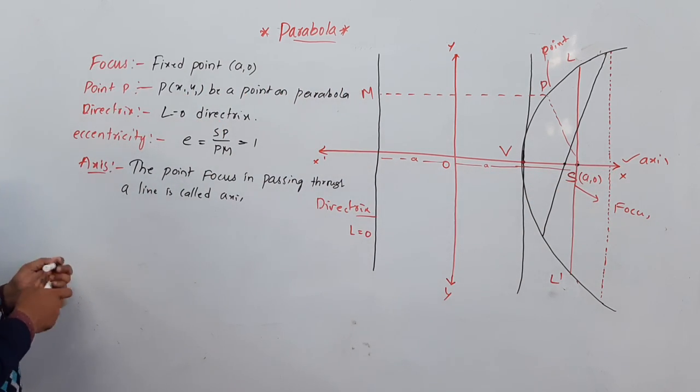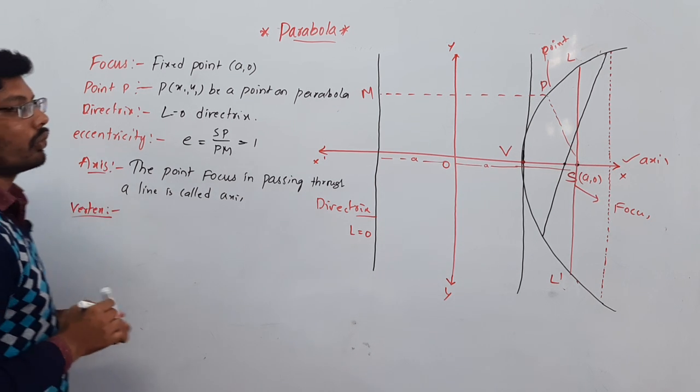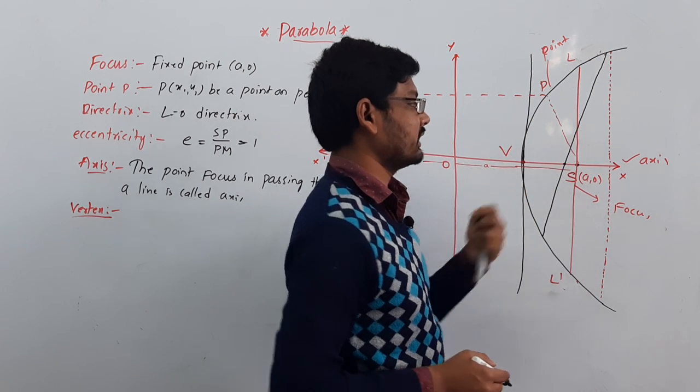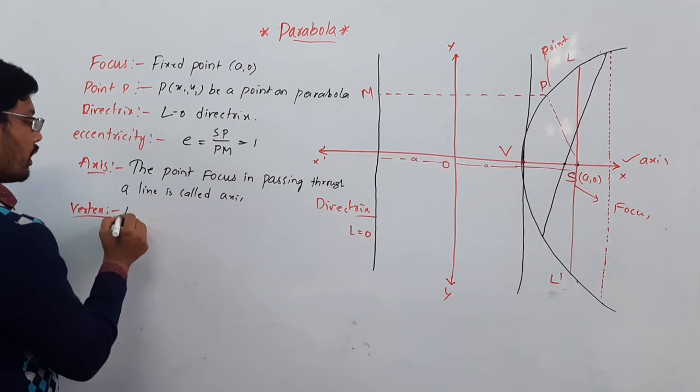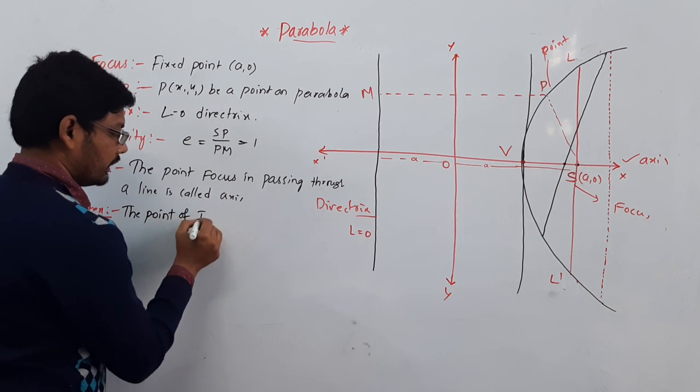And the next one, vertex. Now we can discuss about vertex. The point of intersection of parabola and the axis is called vertex.